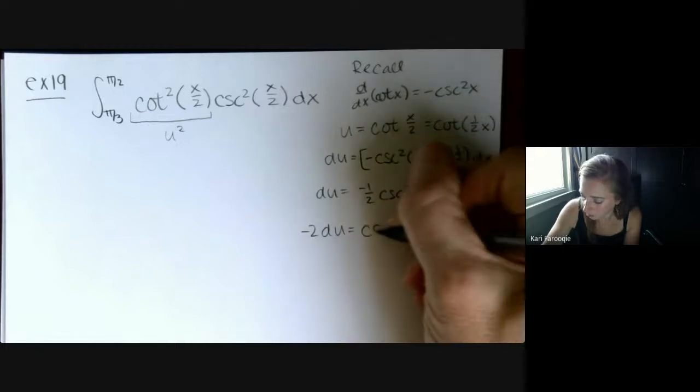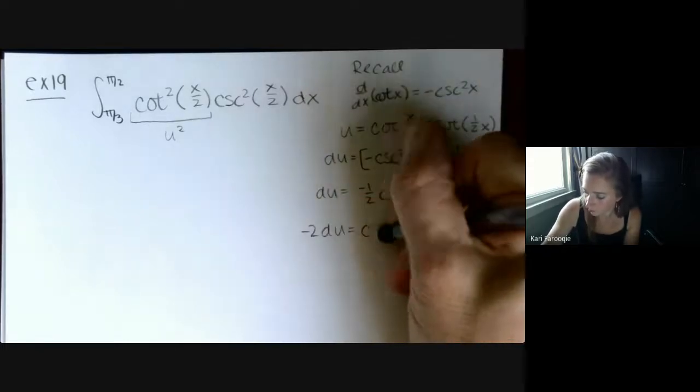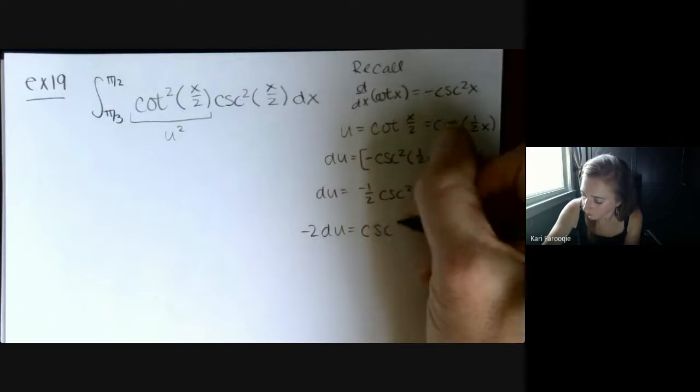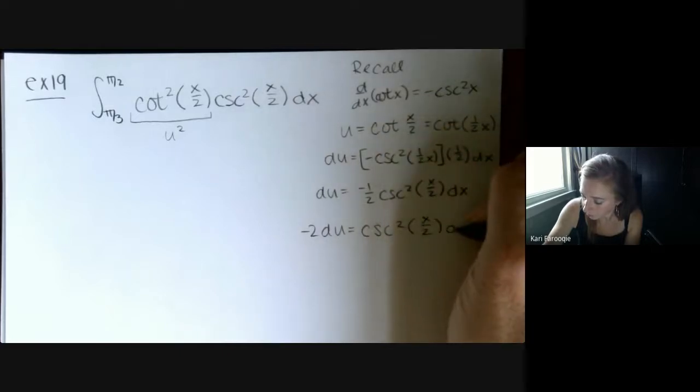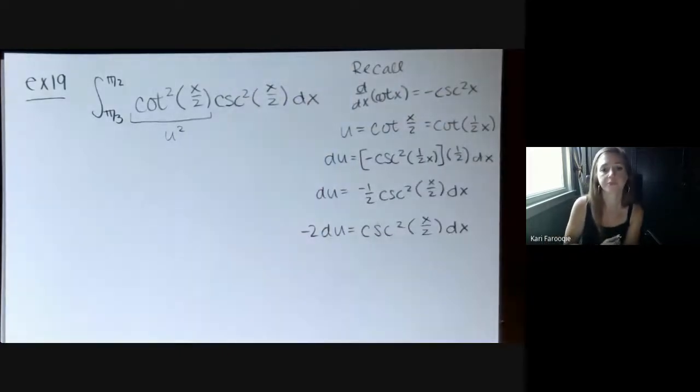And you'll get cosecant squared x over 2 dx. So it's one of these ones where you would think it would be obvious, but it's not.